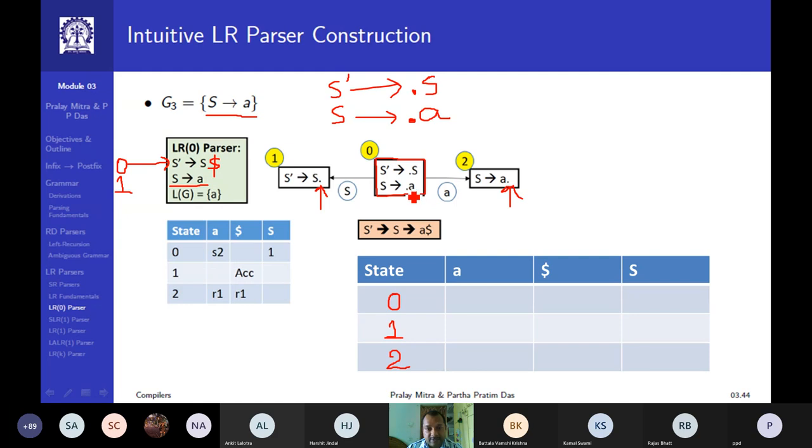Then I will shift this pointer from the left hand side of A to the right hand side of A and move on to state 2. So shift and go to state 2. That is my action. Okay. Now standing at 0th state, if I see S, then what will be my action? Go to state 1, that is here.